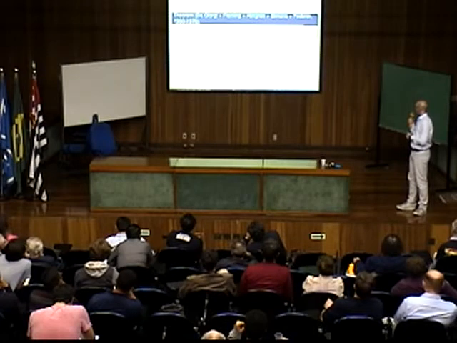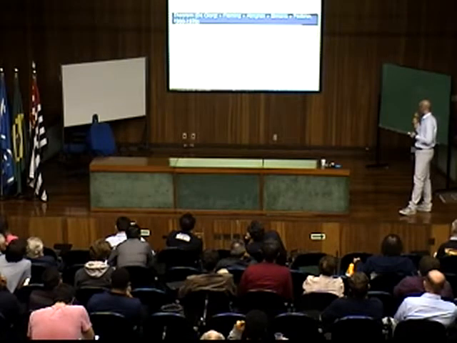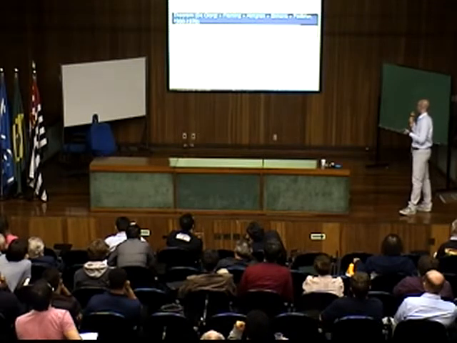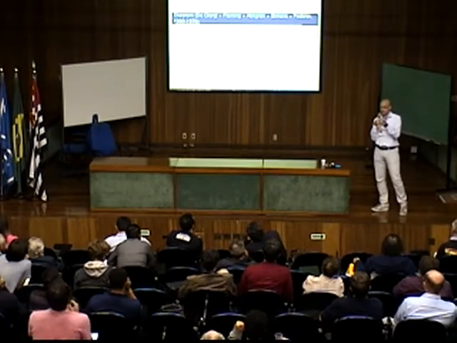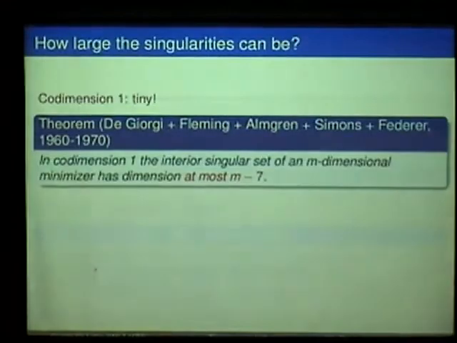If you are in codimension 1, so if you're looking at area minimizing oriented hypersurfaces, the singular set of an m-dimensional minimizer has dimension at most m-7. The point singularity in the Simons cone, which is a 0-dimensional singularity in a 7-dimensional surface, provides an example that this result is sharp.